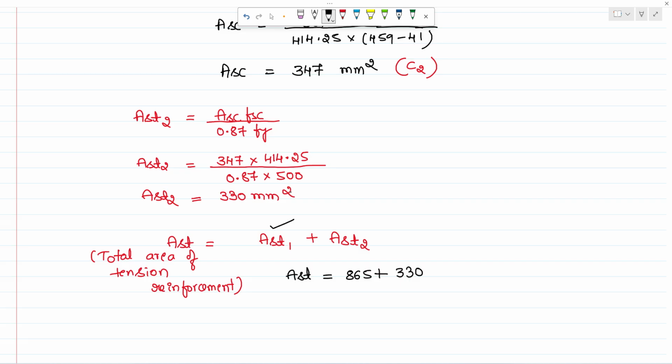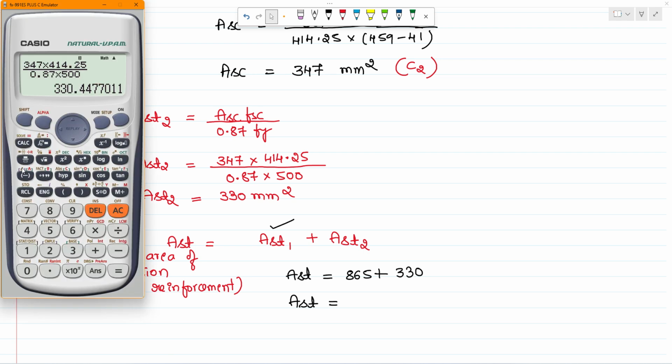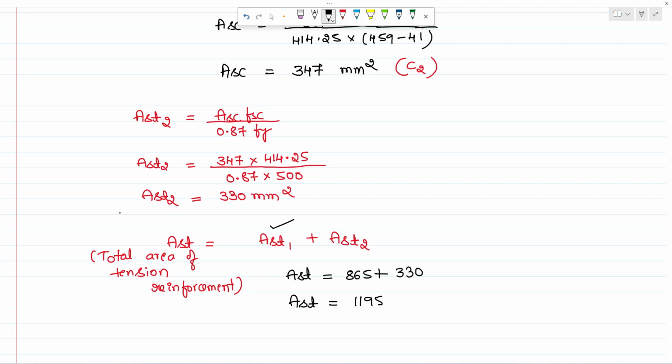So the total area of tension reinforcement will be 865 plus 330, which is 1195 mm square, or nearly equal to 1200 mm square. So this is your total tension reinforcement.